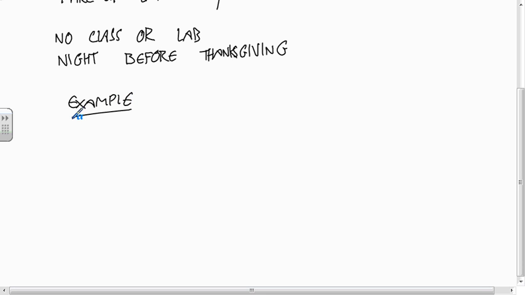Well, why don't you work on some problems today? So say that you have a box sliding along an incline, and say that this incline makes an angle of 40 degrees with the horizontal.